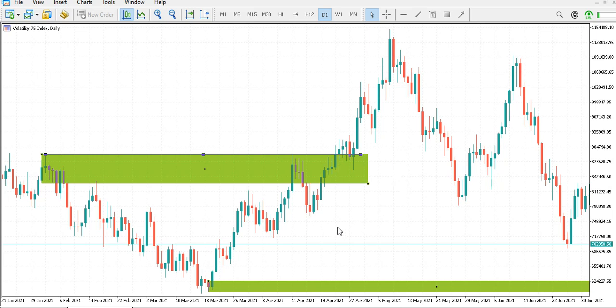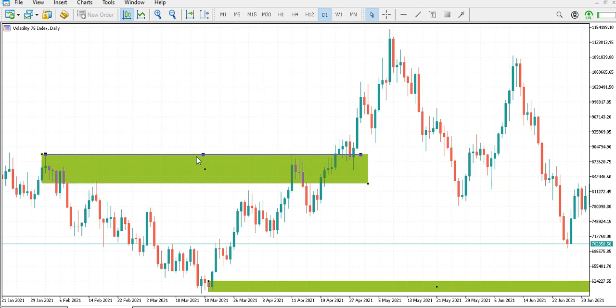Then we waited for price to come down here, but in the meantime we have to go with the trend. We have to go high, and then what do we do? Wait for price to come into these candles. Okay, we have to wait for price to come into these candles, of which we do see this one bearish candle, and then this bullish candle opened with a wick inside these candles.